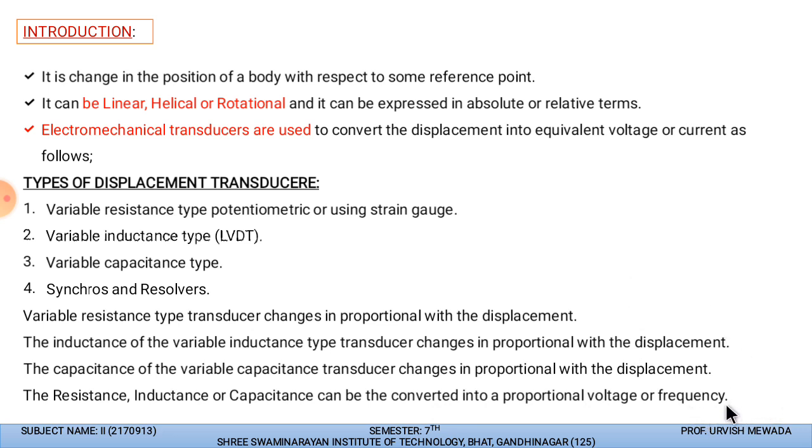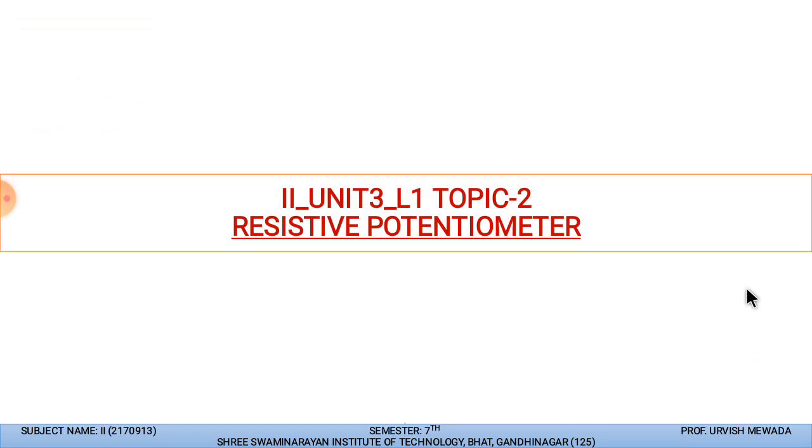So we are using the principles of these different elements to convert a physical quantity, displacement, into an electrical output voltage. Let us discuss topic number 2 in this lecture. It is the resistive potentiometer. We are discussing the first transducer, the resistive potentiometer transducer.